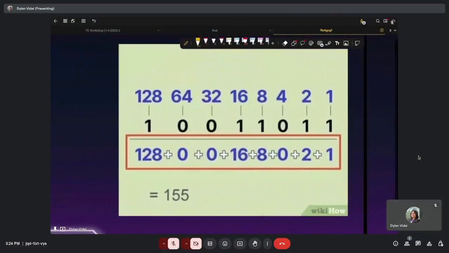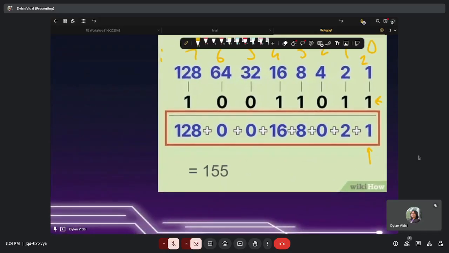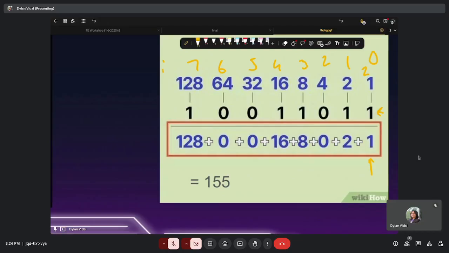In this case, again, index 0, 1, 2, 3, 4, 5, 6, 7. These are our indexes, right? So this value right here, we derive it from this value times 2 to the 0, right? So that's 1 times 1, which is just 1. This is 1 times 2, and so on and so forth.